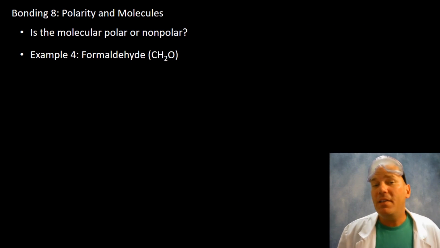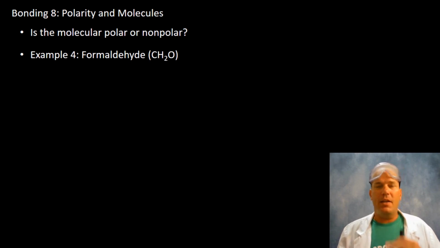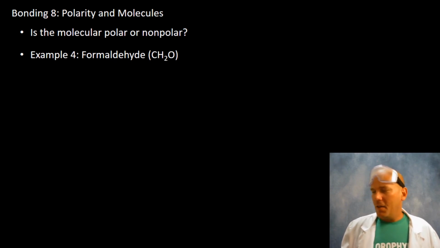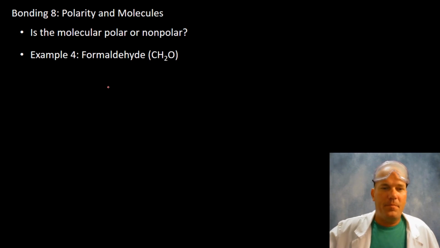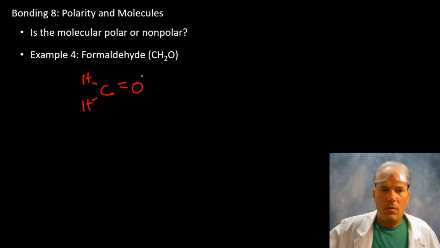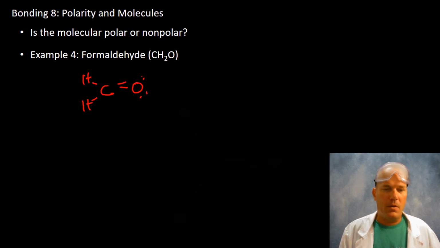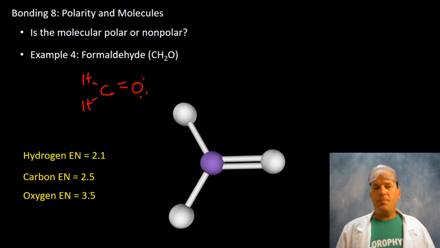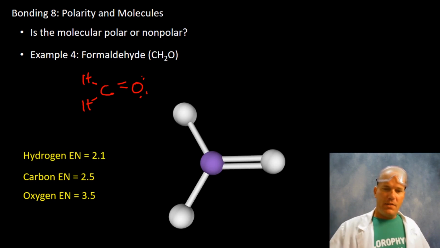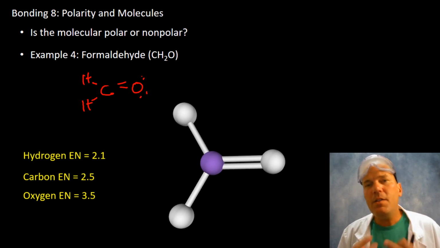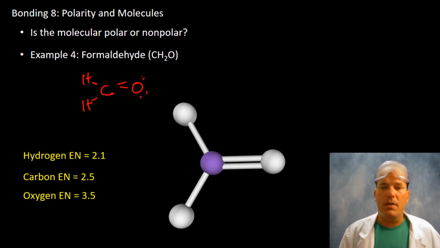All right, formaldehyde. I've given you the formula here. Pause the video, give it a shot. Okay, structure for formaldehyde. All right, so if we look at its shape, its molecular shape is trigonal planar.